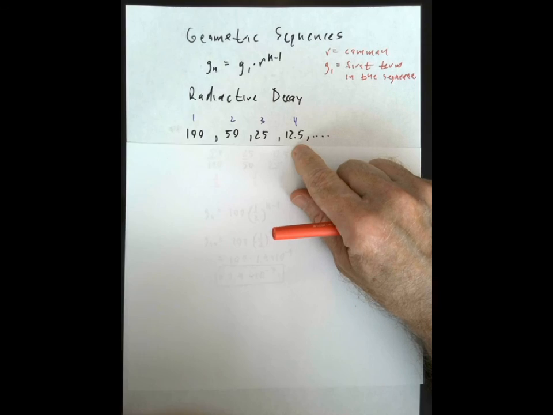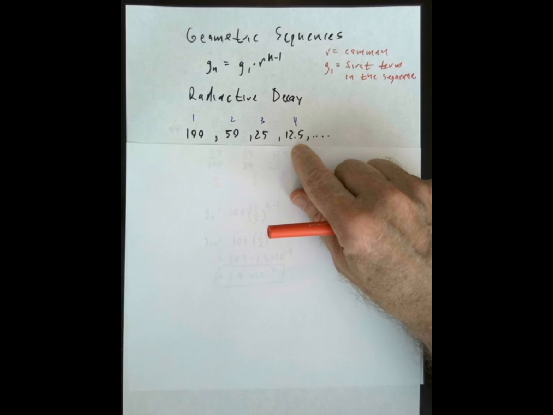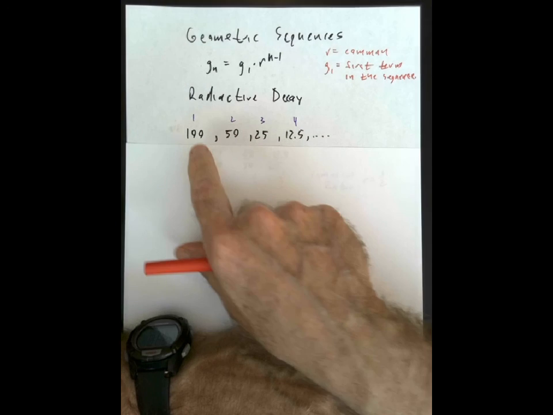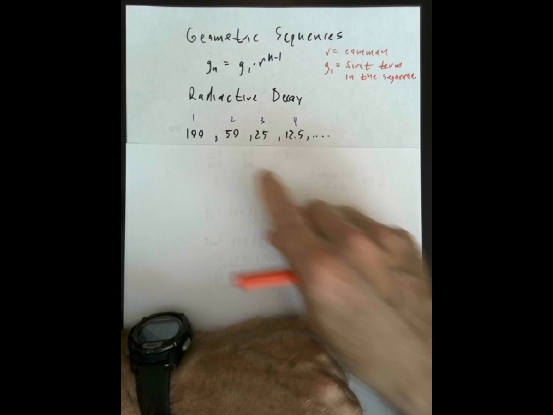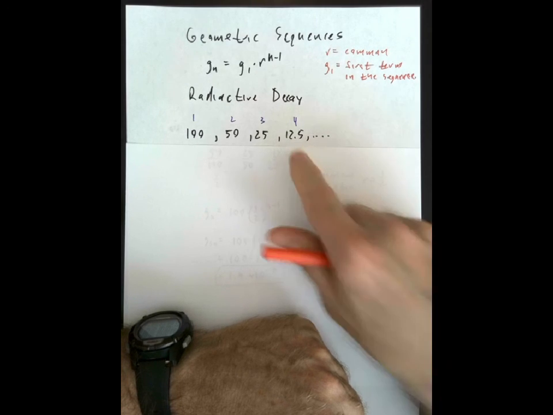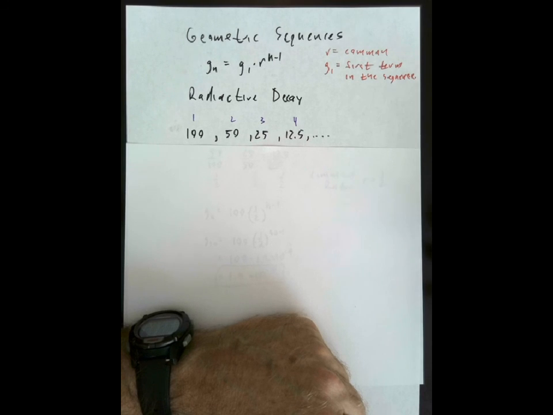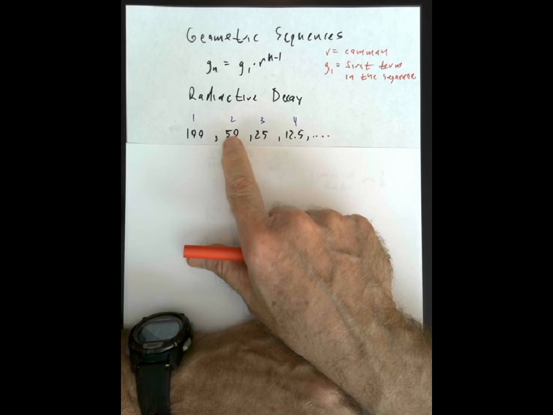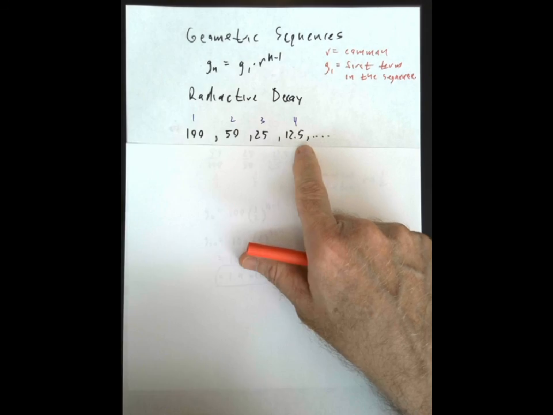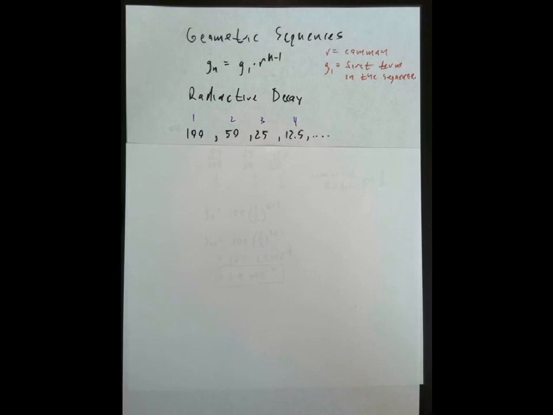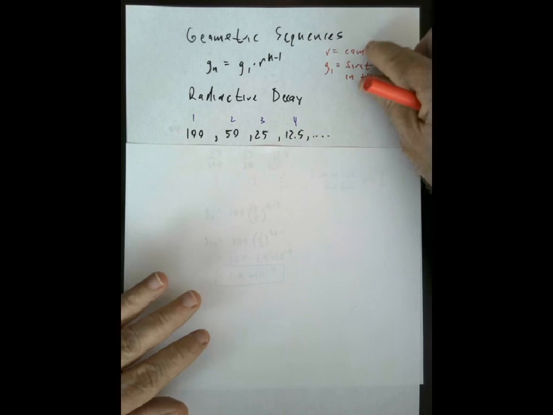So that half-life is the time it takes, and for radioactive decay, it's always the same amount of time to reduce by 1/2, right? So those amounts of radioactive element also form a sequence. That's the first term, that's the second term, that's the third term, that's the fourth term, and so on, as long as we have any of the radioactive elements still present.